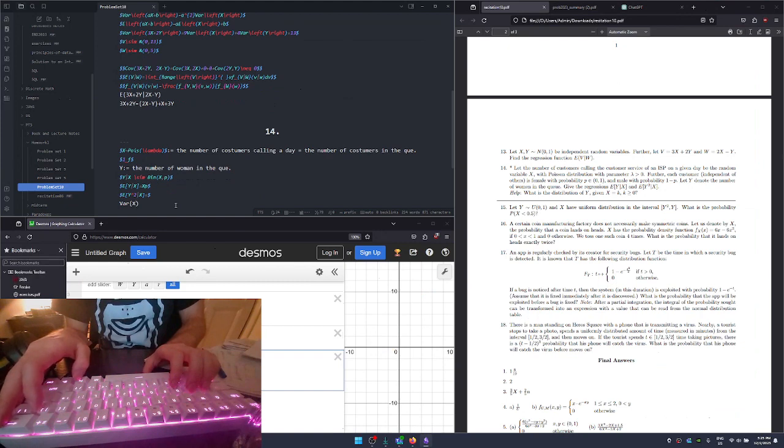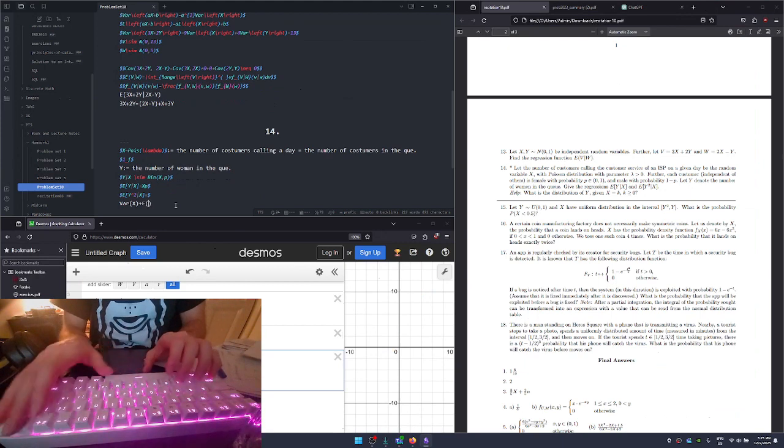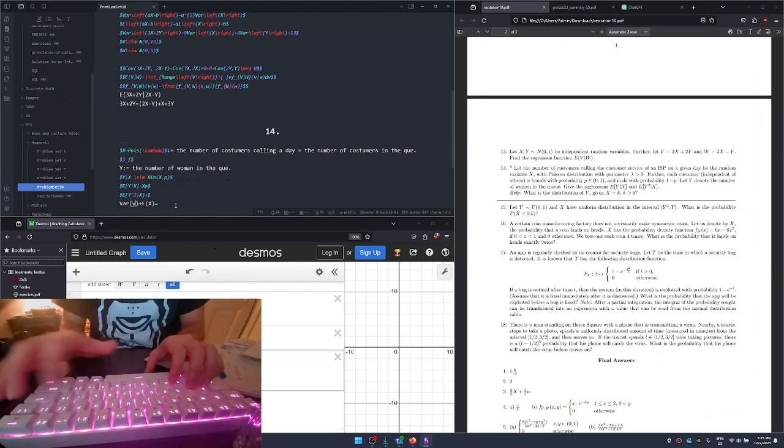Oh well, it's not that hard, because you know the variance of x, right? The second one, you can use the variance formula: the expected value of the variance of y given x, plus the variance of the expected value of y given x. Y given x is equal to the expected value of y squared given x, right? So you know this.